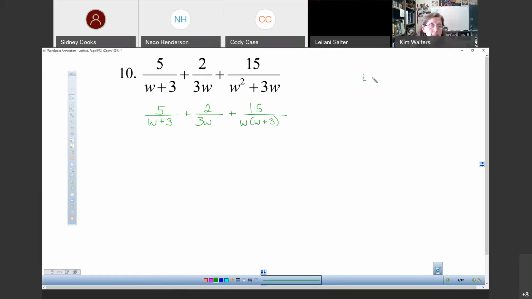So to find my least common denominator, it's a little bit more challenging this time. I need to look for my numbers that are in front. So I need a 3. I need a W. And I need this W plus 3. Okay. Questions about why this is my least common denominator?